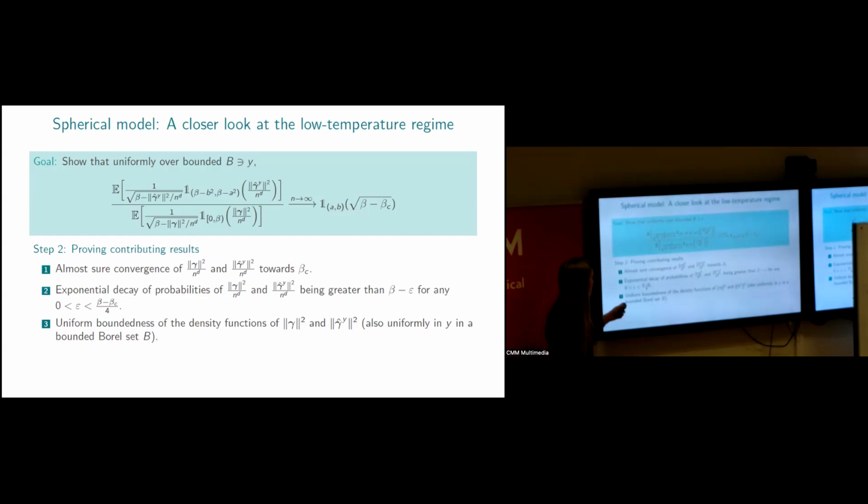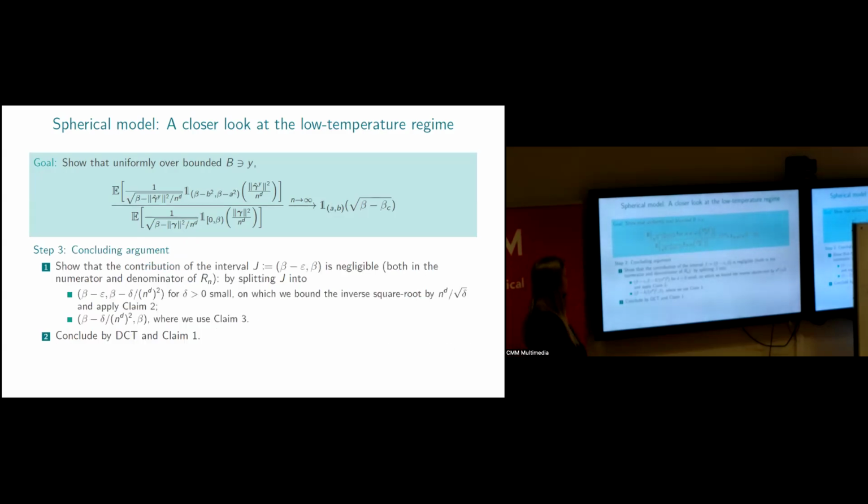For the tiny infinitesimal piece, we only need the boundedness of the density function, and this one is easy because one just uses some Young convolution inequality and all works well. Once we conclude this, the three steps give you that nothing happens at the singularity, and on the rest of the interval one can just use the DCT and conclude.